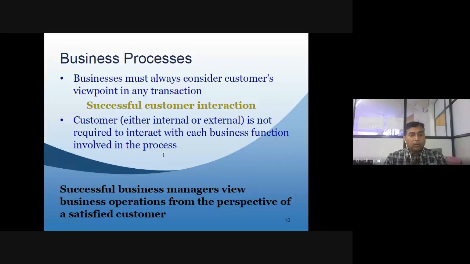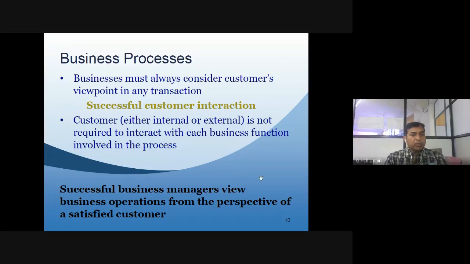Whatever business functions you have, the customer need not be exposed to everything. The customer will have a single point of contact, maybe marketing and sales. Once they communicate there, the other business functions will interact with each other and produce the output desired by the customer.